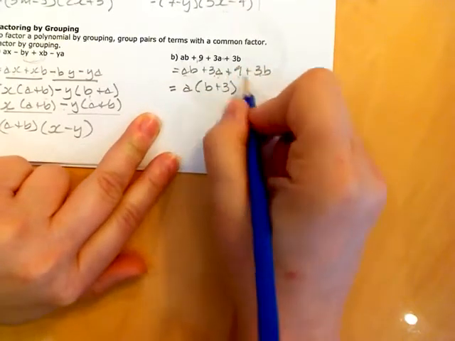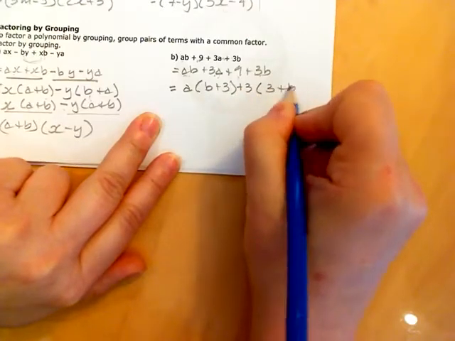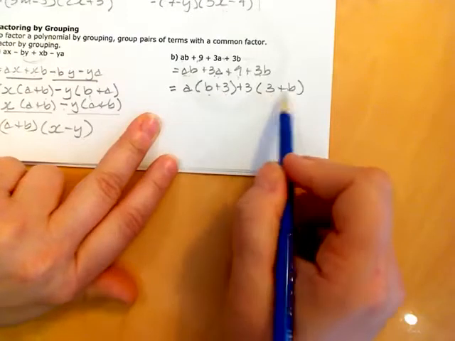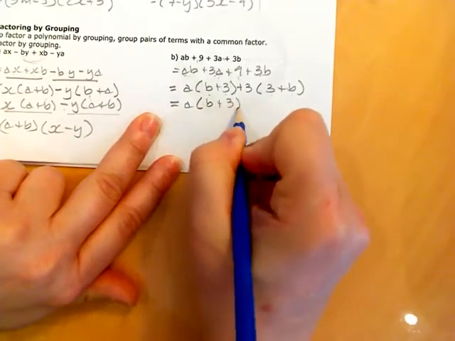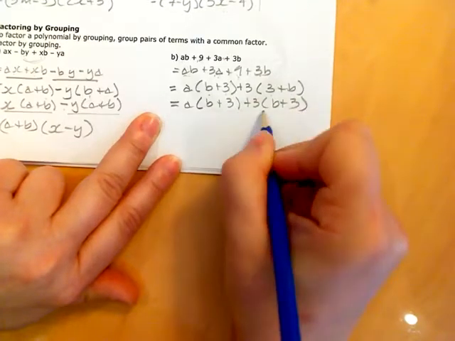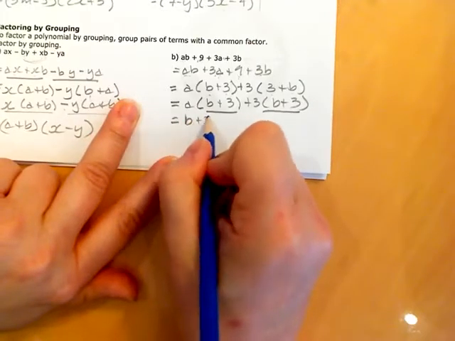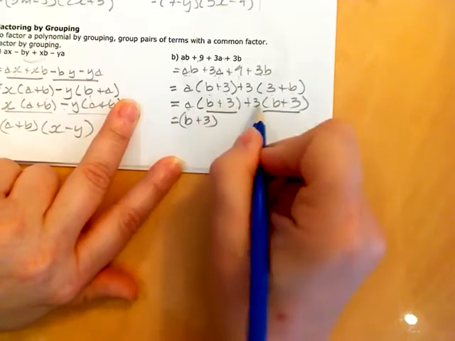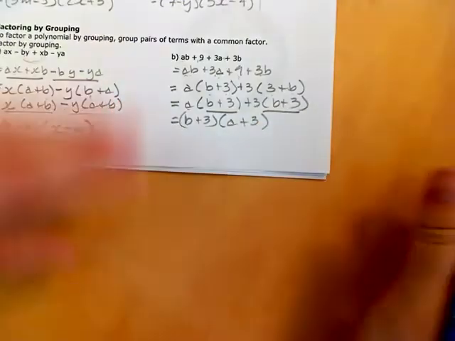And then here, if I take out a 3, I have 3 plus b. I know b plus 3 and 3 plus b are the same, so I'll just write it out. These two can now be common factored out. And what's left is a plus 3. There we go.